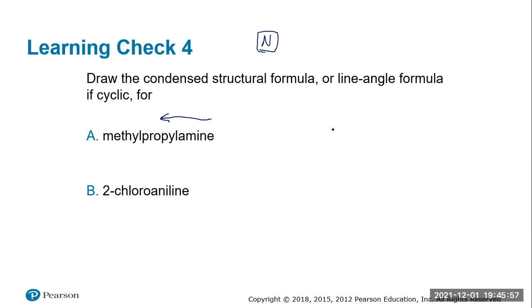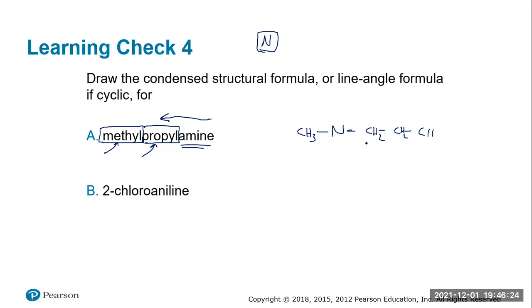So that's a good place to start with these, is just to lay out the nitrogen for the amine part. We know that on one side there is a propyl, and also connected in there is a methyl. So we could just connect into our nitrogen what we need. Propyl is 3 carbons, so we would do 3 carbons. Methyl is 1 carbon, and like normal, everything else here would be hydrogen.